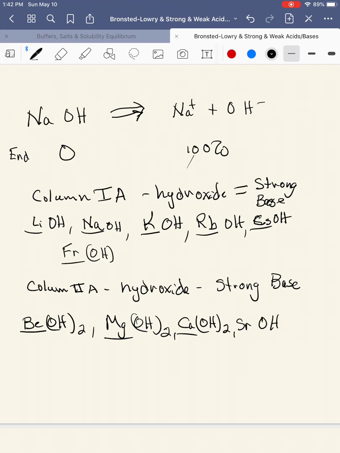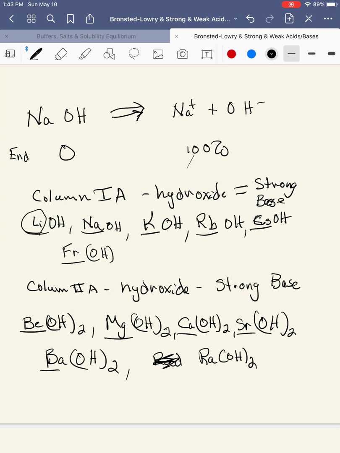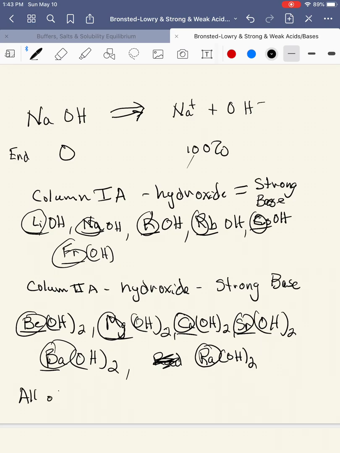Strontium hydroxide, strontium's a column 2A, strong base. Barium hydroxide, column 2A, so it's a strong base. And radium hydroxide, Ra(OH)2, strong base. So column 1A or 2A hydroxides are strong bases. All other bases are weak.